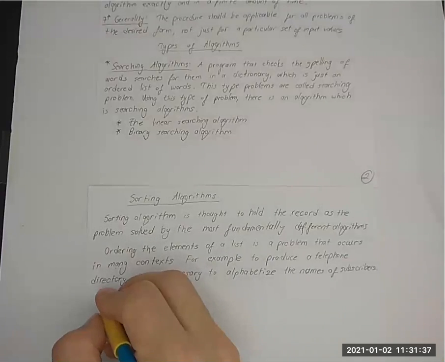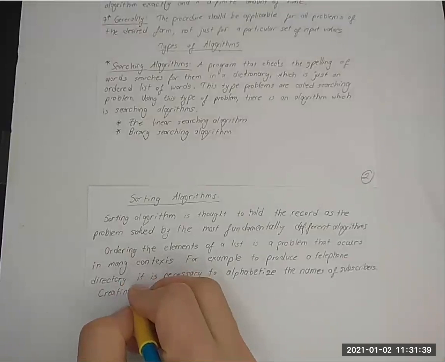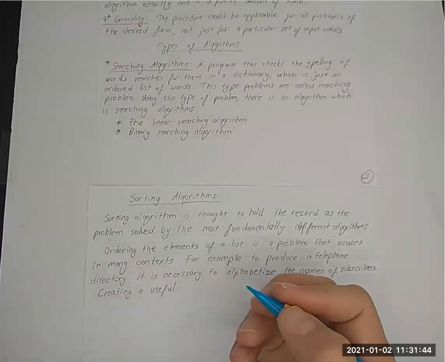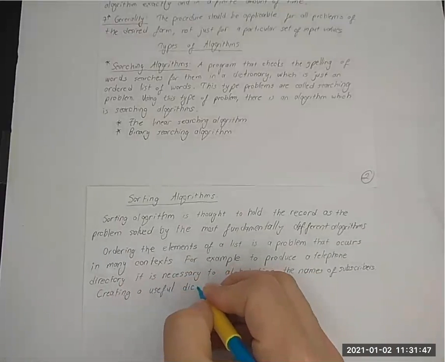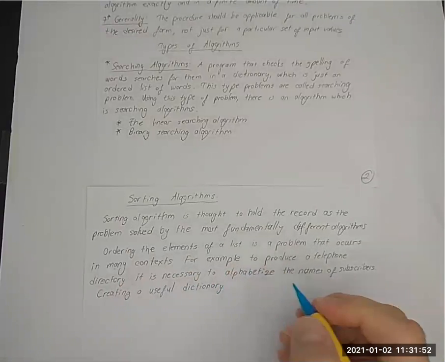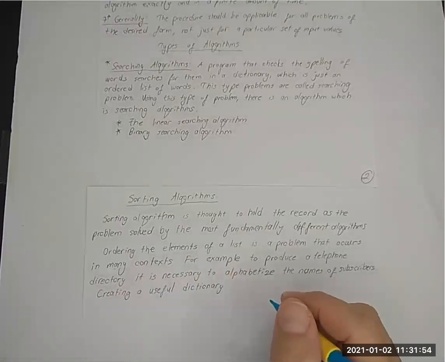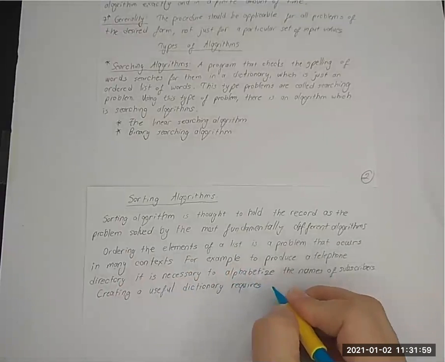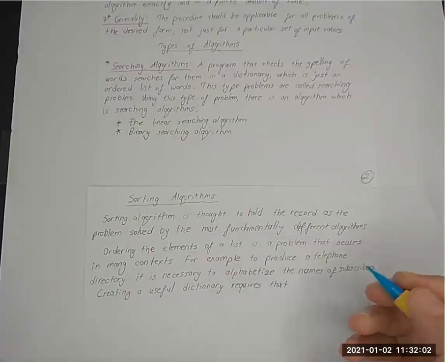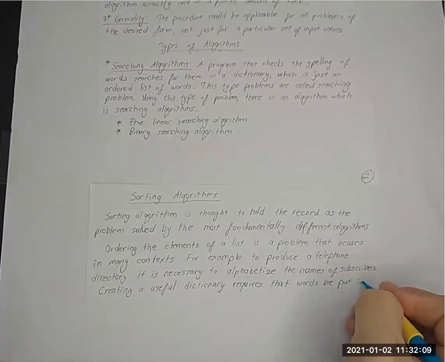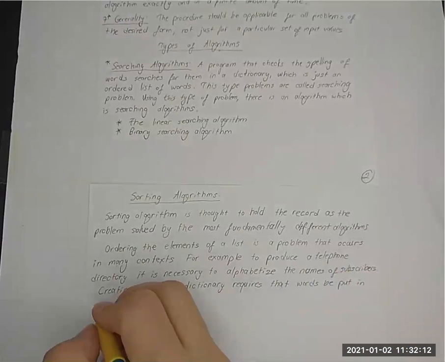So creating a useful dictionary, of course dictionary, because we are using the sorting of the words, requires and rules that words be put in alphabetical orders.